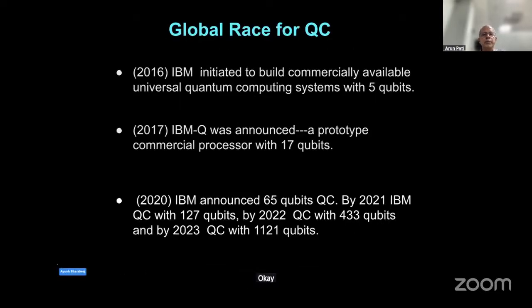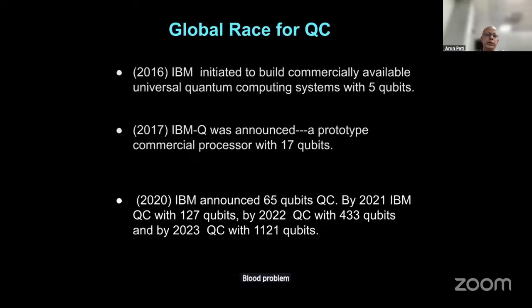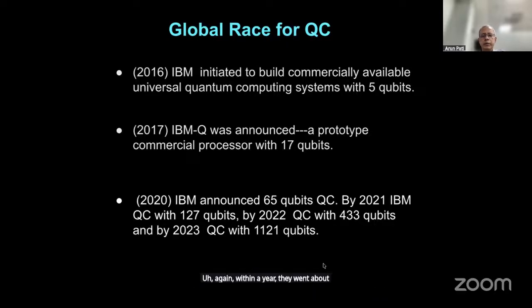Okay, now if you see the timeline for the global race, exactly 10 years back, IBM started this platform with 5 qubits. Then within a year, they went up to 17 qubits. And within 3 years, they went up to building about 65 qubits. Again, within a year, they went to about 127 and so on. So you see how the number of qubits they could design really grows.